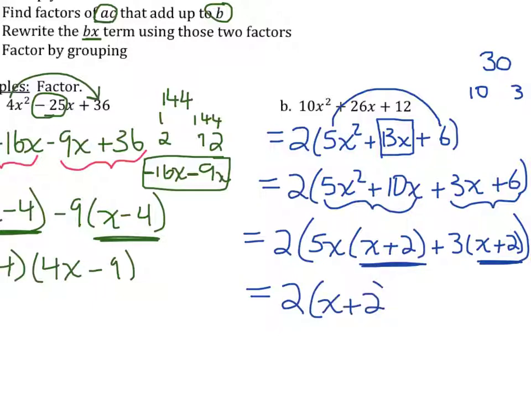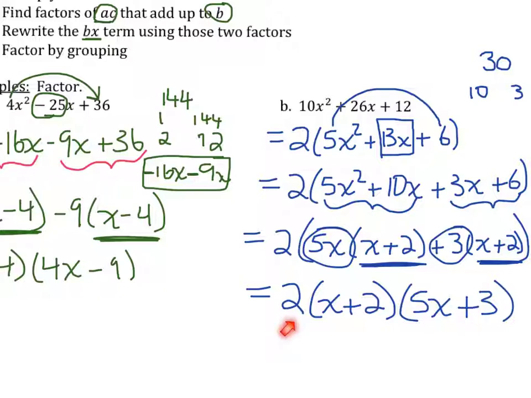So I can factor out this x plus 2. Out of this first term, I'm going to be left with a 5x. And out of the second term, I'm going to be left with the plus 3. And I factor that completely. Notice I still have this 2 on the outside from the very beginning, so never get rid of that. And everything on the inside is the same as before, going through that process to turn it into factoring by grouping.